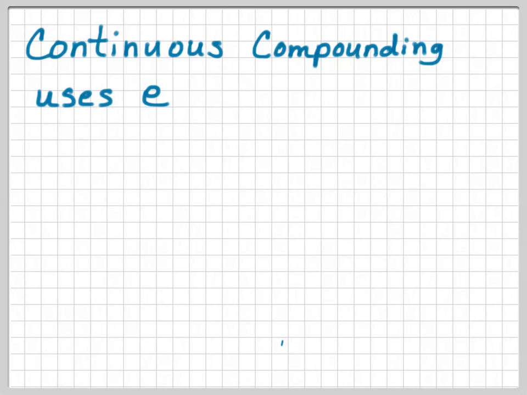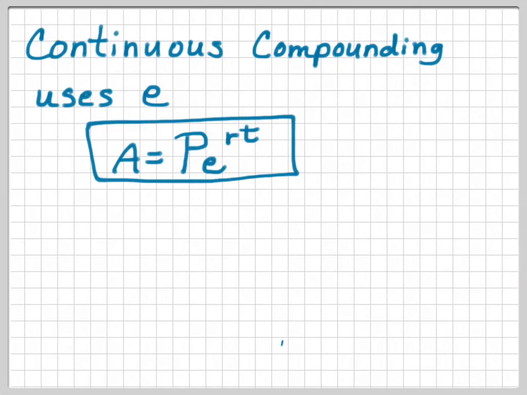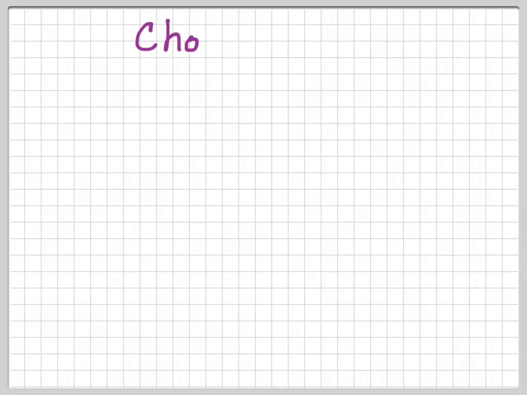Most banks use continuous compounding, and it uses e. It's not much difference between e and daily compounding, unless you have a whole bunch of money to invest. But the equation is A equals the principal times e raised to the RT power, which is Pert.